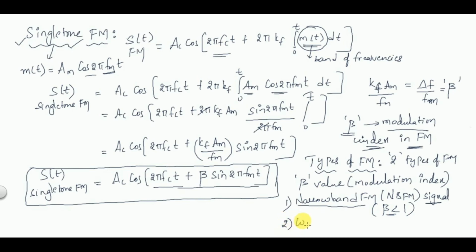Second is the wide band FM signal, in short WBFM, for which the beta value is greater than 1.